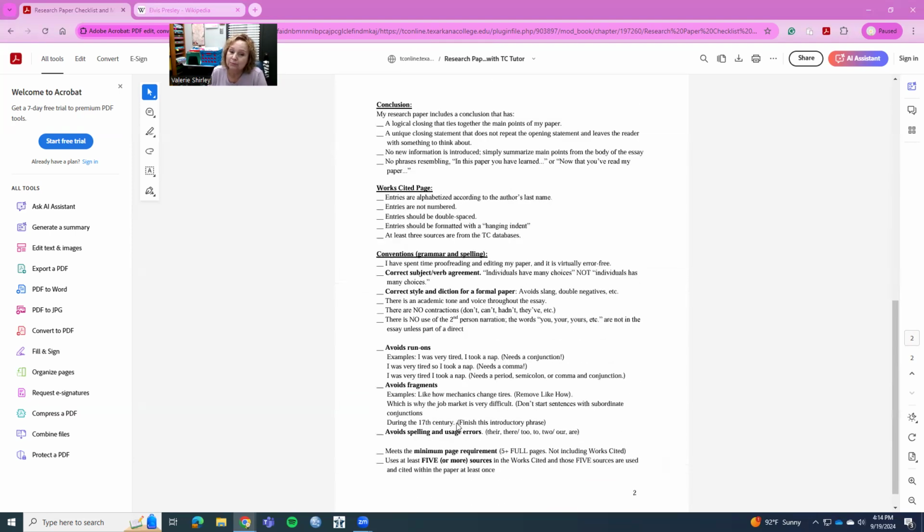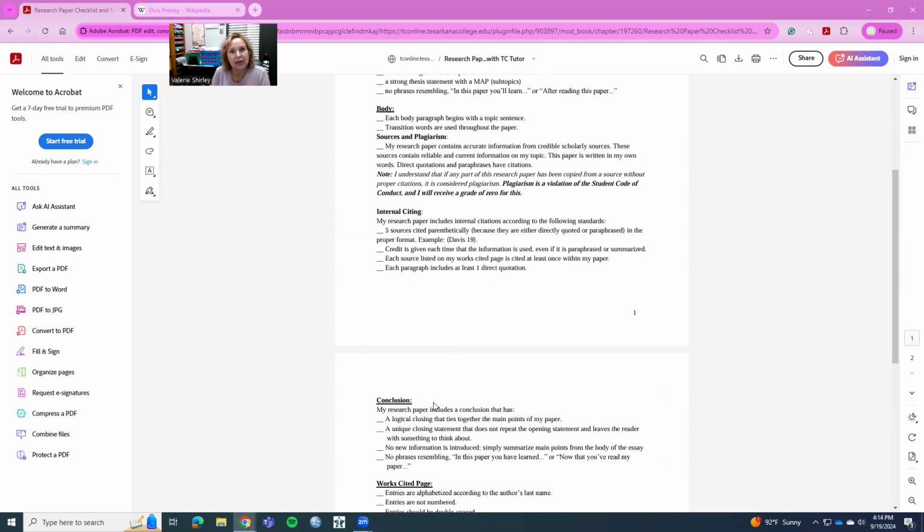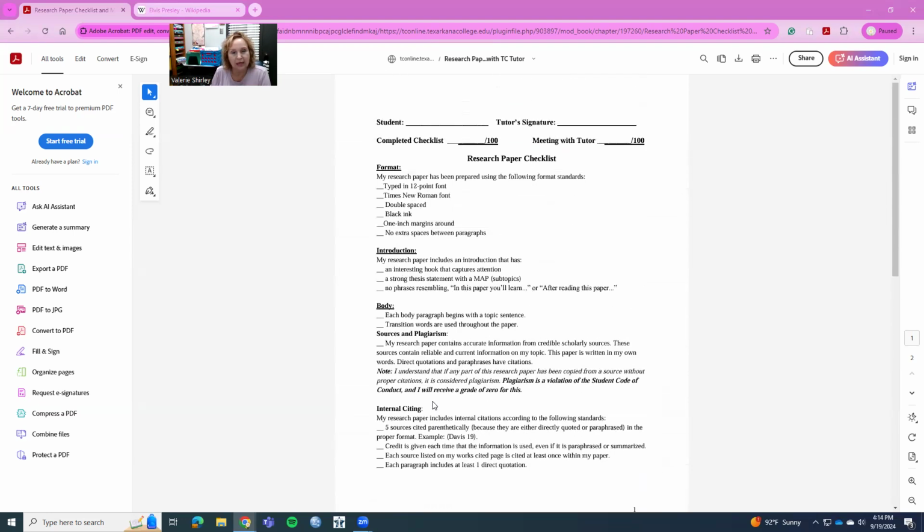I want you to print this checklist, make check marks on it, take a picture of it, upload it, and stick it into the assignment portal so I can see that you used it. Every once in a while, a student's on campus anyway, so they'll just stick it in my in tray outside my door. But if you go through this paper and you have done all of these things, you know going into it that you've got an A paper, and that is my dream for you.